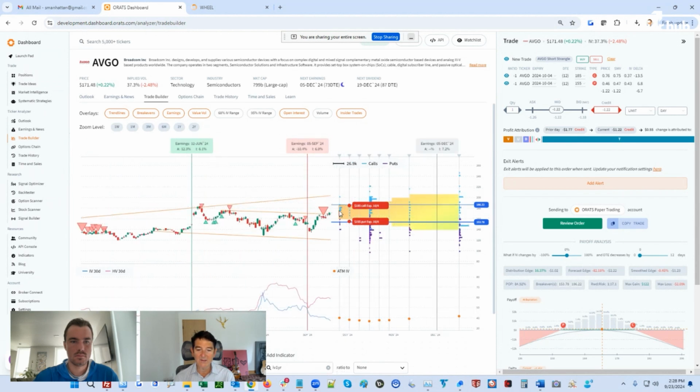It has to go between these two lines. If it finishes between these two lines by this time, we win. If it goes outside, we probably lose. But if it goes way outside with the flapper, we might do okay. So let's put on this trade. I'm very curious to see what it's going to look like when we overlay all of them together on the trade builder. So let's force that.